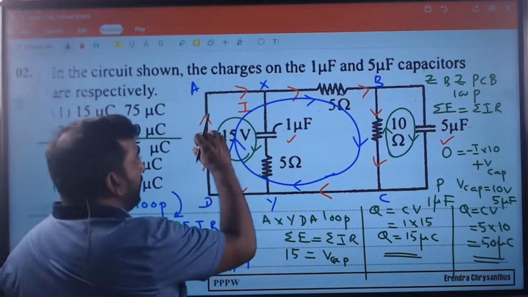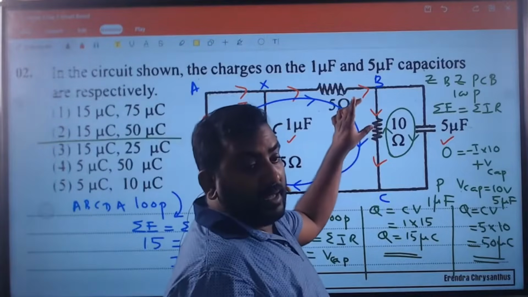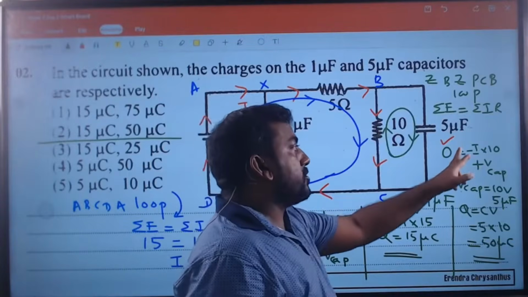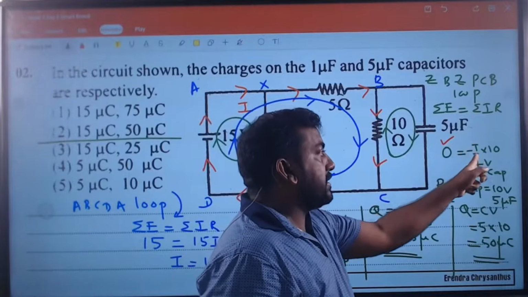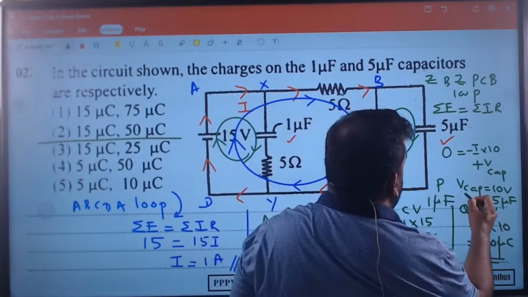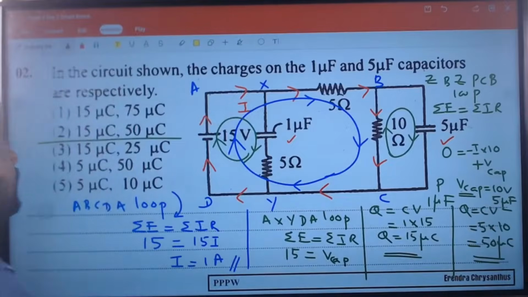Apply it here, this 15 means here also 15. Apply it here, this voltage and that voltage will be the same. Why? The sum should be 0, so if this is minus, the other one should be plus. So the voltage across the capacitor is 10 volts. Substitute here, we get 50 microcoulomb.